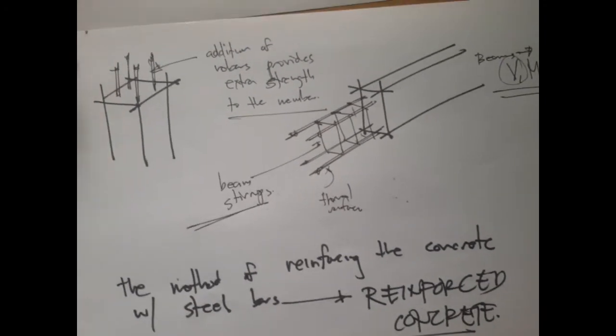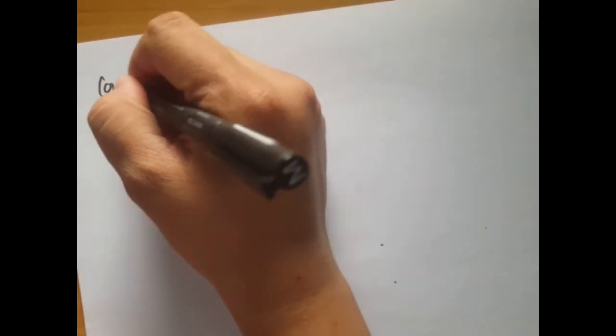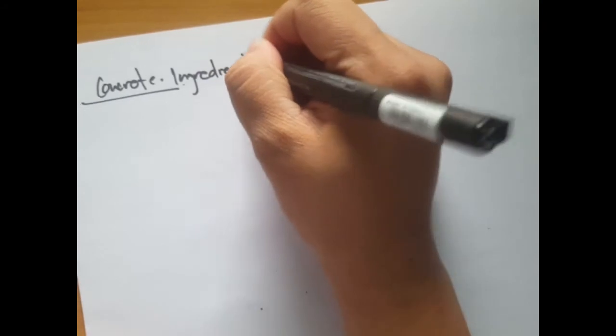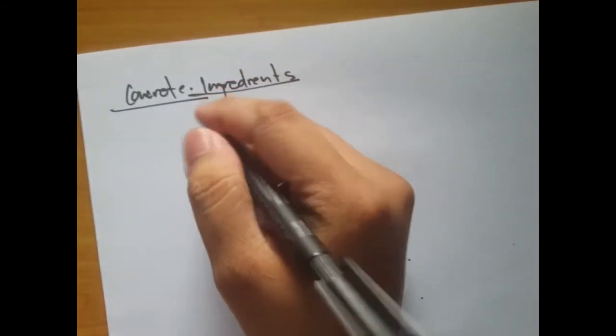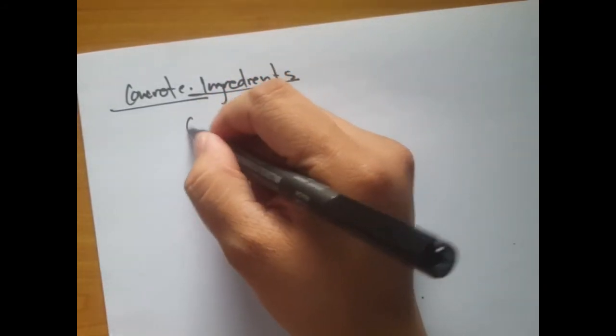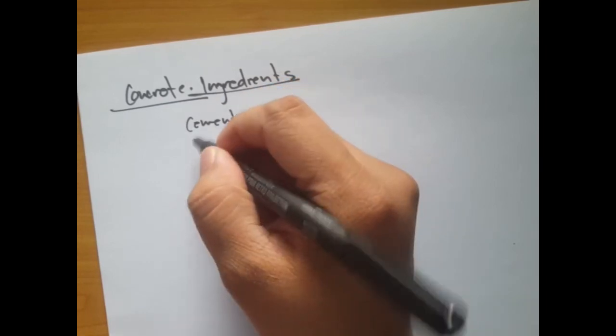Okay, so now let's talk about the concrete ingredients. I'll just run through this quickly because it's already in our lecture handouts. Concrete ingredients. Concrete is a mixture of cement, what else?